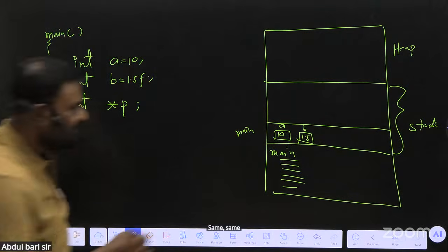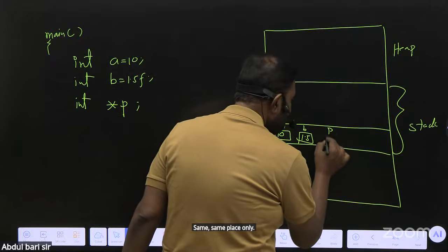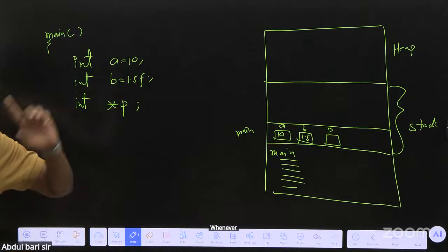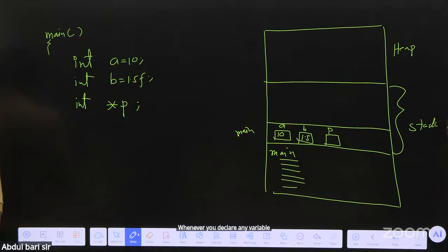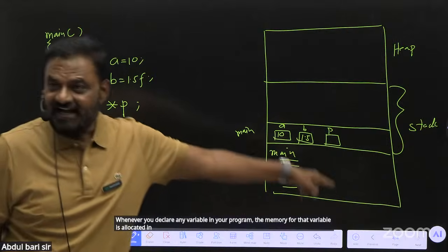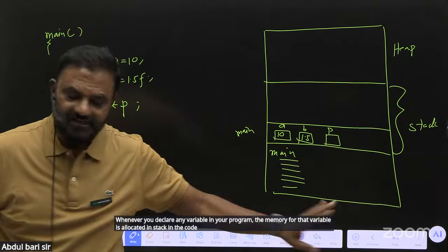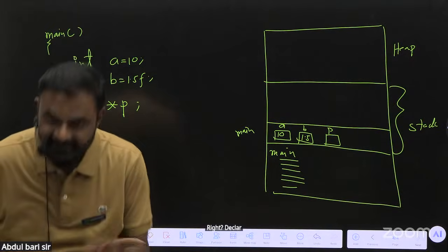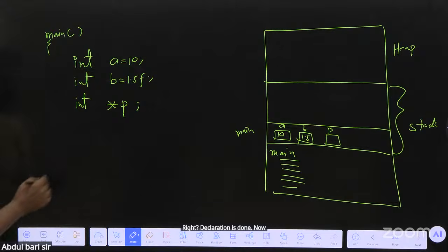Same place only. Whenever you declare any variable in your program, the memory for that variable is allocated in the stack, in the activation record. Declaration is done. Now watch.